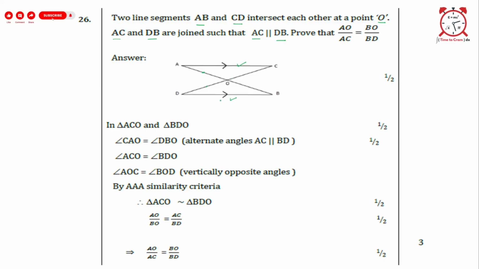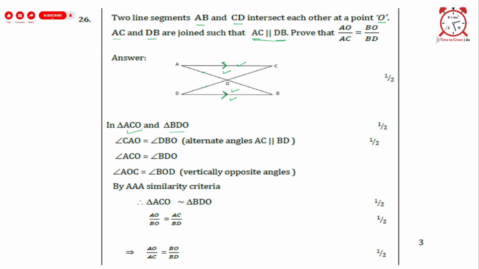So to prove this, we can see here the arrow shows that AC is parallel to BD, it is given. So with this given thing, let us try to prove two triangles similar: triangle ACO, this triangle, and triangle BDO, this triangle.